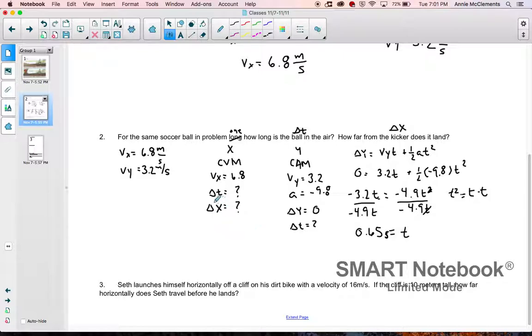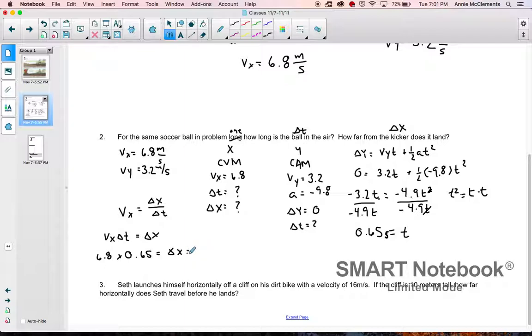Now I want to turn my attention to this change in x, right? And I know that in the x direction, right, Vx equals change in x over change in t, right? So I can go ahead and say Vx times change in t equals displacement, change in x, right? 6.8, that's the number that we calculated before, right up here, times what we just calculated for delta t, because it's in the air for as long as it's traveling horizontally.